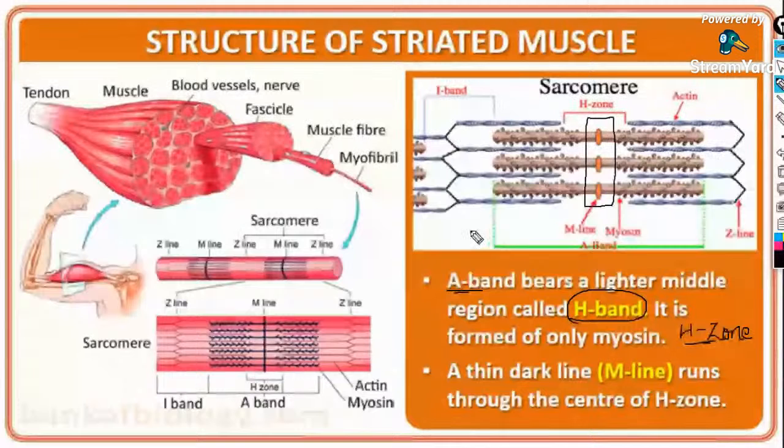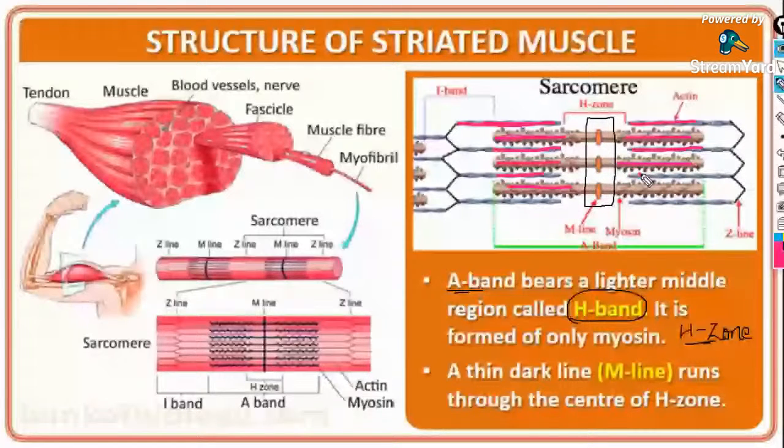Guys, if you look over here, it's clearly visible that this is the myosin. This is the dark band, and the dark band is definitely overlapped by the light band on both sides. Am I right? The dark band is overlapped by a light band itself.